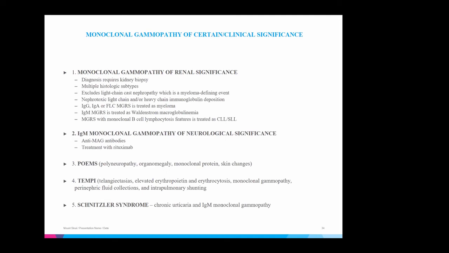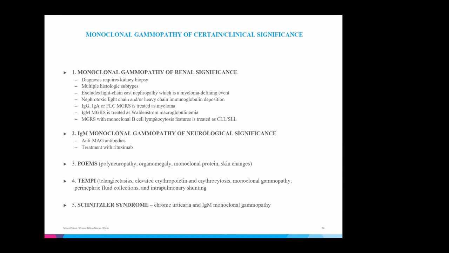The diagnosis requires a kidney biopsy, and most often the patients are sent to hematology first to make sure they don't have myeloma. But kidney biopsy, which can show multiple histologic subtypes, does show deposition of IgA, IgG, or free light chains in the kidney biopsy.